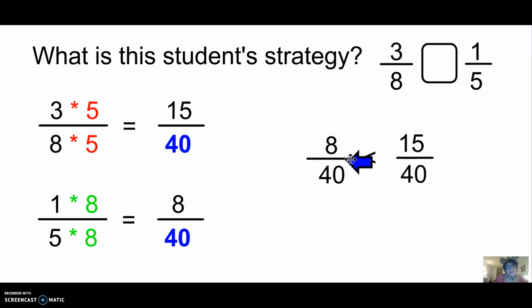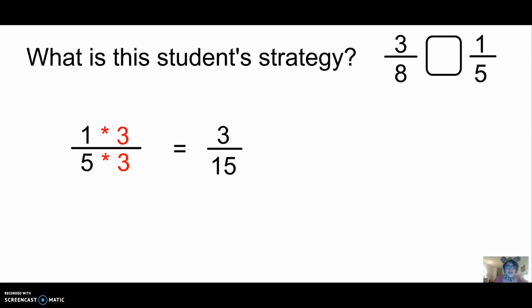And since 8/40 is equivalent to 1/5, and 15/40 is equivalent to 3/8, then I know that 3/8 is greater than 1/5. And I can put that sign in to show that 3/8 is greater than 1/5.